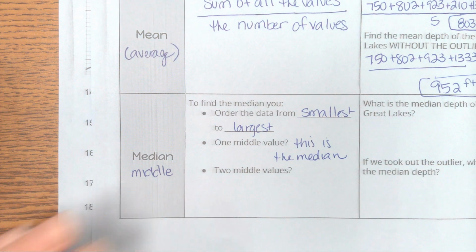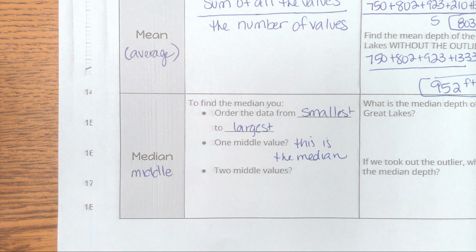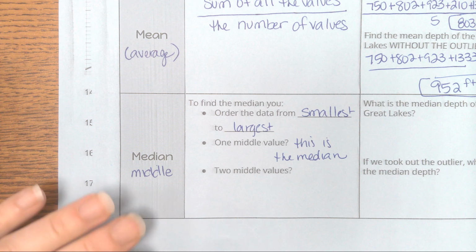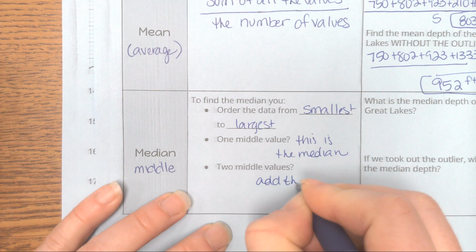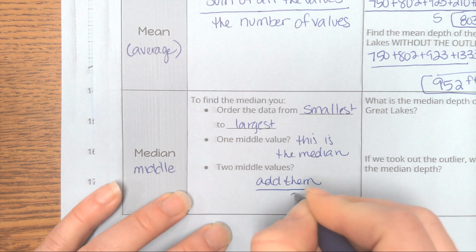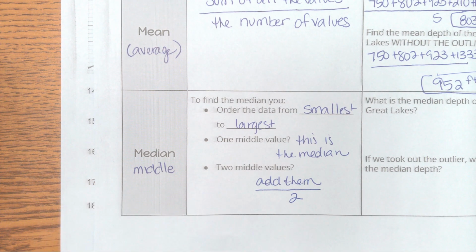But sometimes there are 2 middle values. If there are 2 middle values, you're going to add them together and divide by 2. You're going to find the average of them.